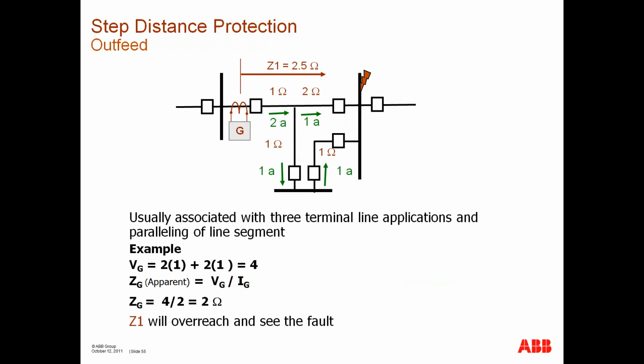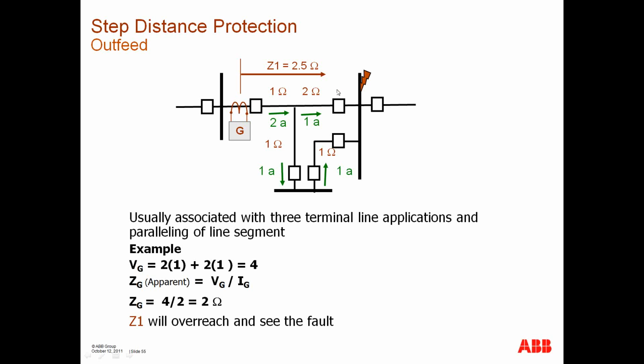Here's a case of outfeed, which is not really very common, and really what it boils down to is that you have a parallel path on the line to this fault. You have this branch, and then you have a branch that goes external to the line and back to the fault.